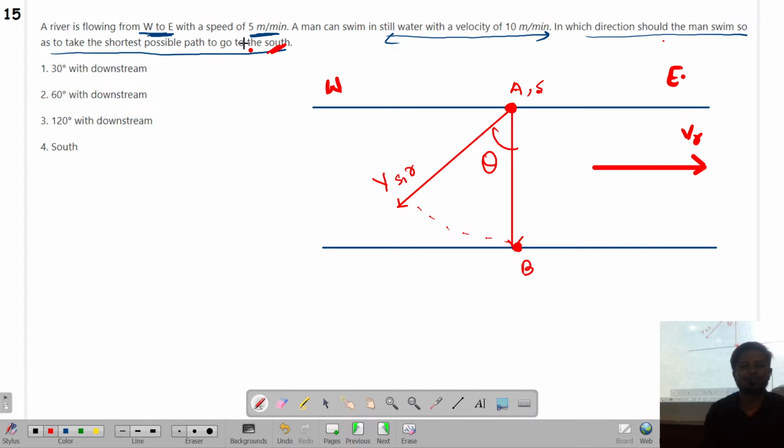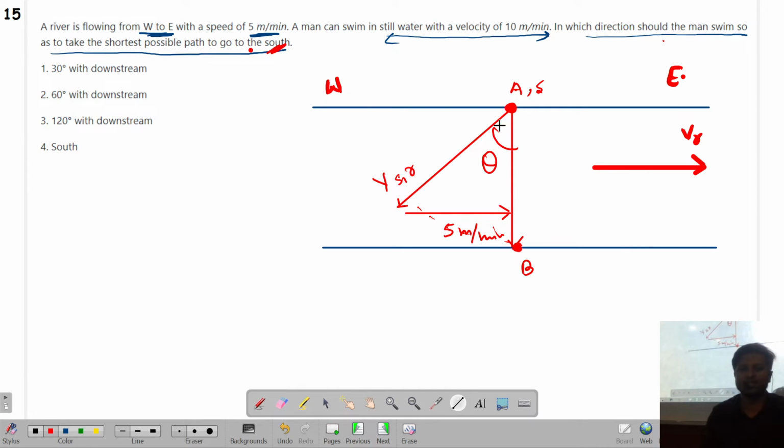Okay. Now look over here. What is the river flow? River flow is 5 meter per minute. Okay. So listen to me. Is this vertical component given? Is this perpendicular component given? This is how much? 5 meter per minute. Yes or no? The man can swim in still water with a velocity of how much? 10 meter per minute.